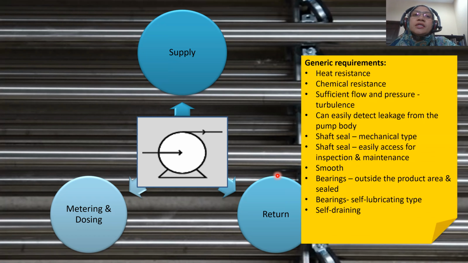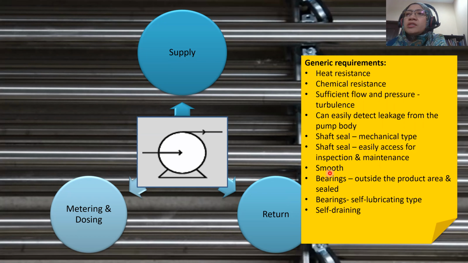The generic requirements of CIP pumps are: good to have pumps that are heat resistant, chemical resistant, can provide sufficient flow and pressure to create turbulent flow inside the pipe, and can easily detect leakage from the pump body. The shaft seal is a mechanical type, and it is good to have a design which can be easily accessed for inspection and maintenance.